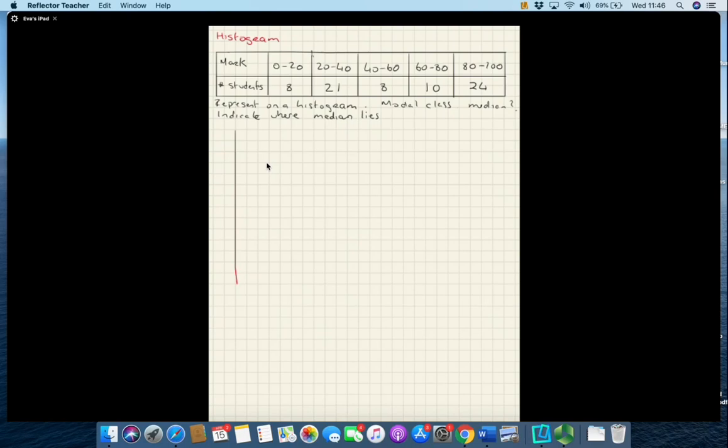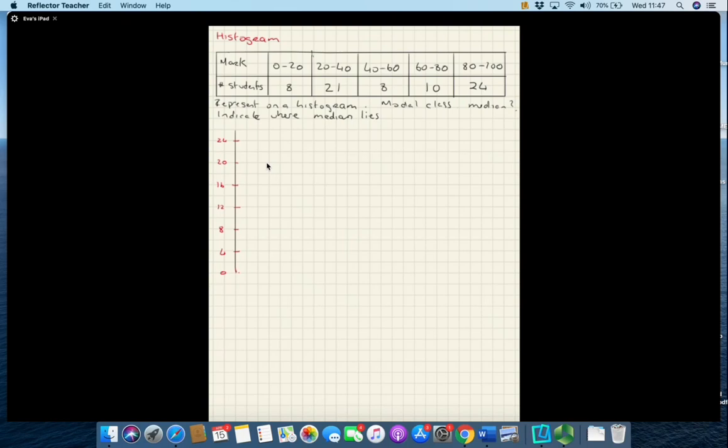So what I tend to do is start at 24 and go down in 4s maybe: 20, 16, 12, 8, 4, and 0. So 4, 8, 12, 16, 20, 24.